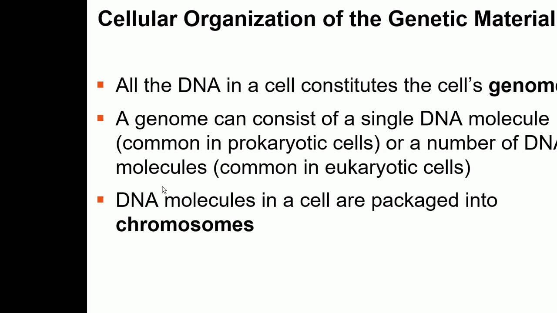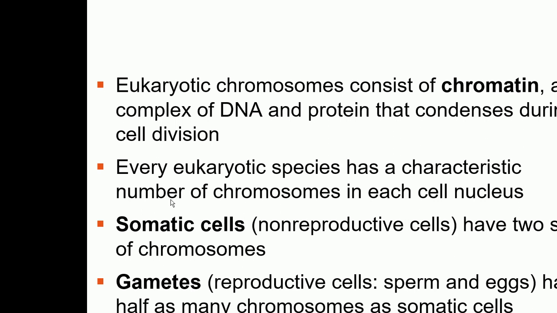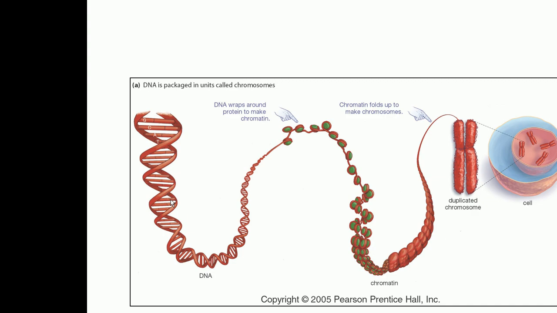When the cell starts dividing, this chromatin gets condensed and it takes the shape of structures called chromosomes. This is something very, very important to know, the difference between chromatin and chromosomes.